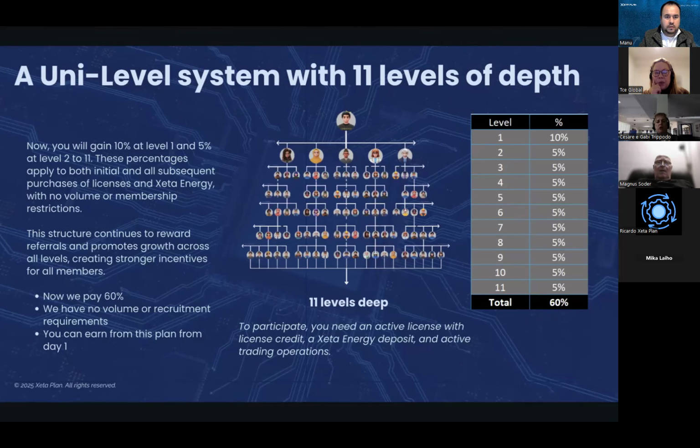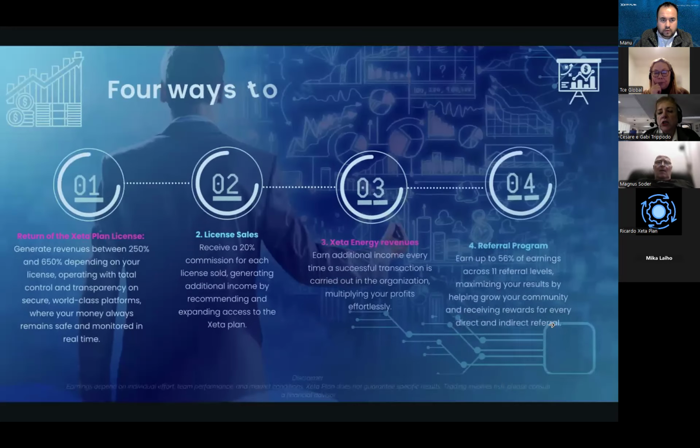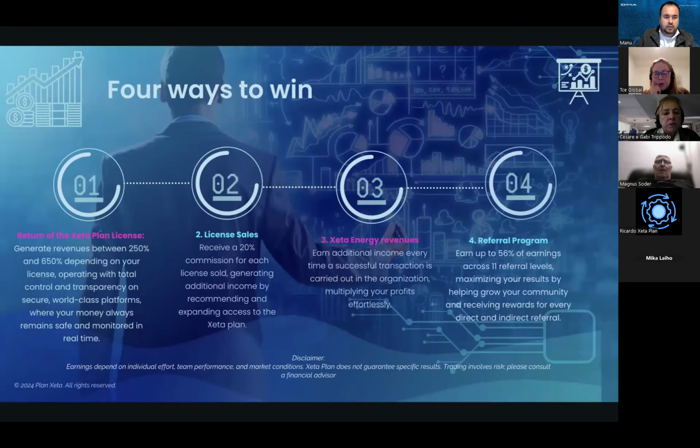If we compare it to the previous plan, when we get to level 4 and level 5, that's where you see a big, big difference in your income when you're doing the same amount of effort. So it gets very interesting, because there are 4 ways to win, 4 different ways for you to earn money.